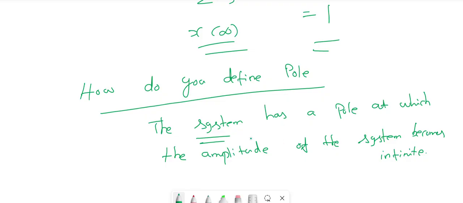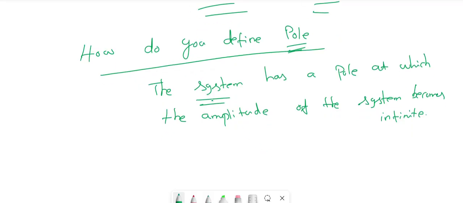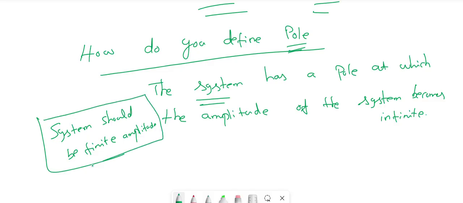The pole is nothing but the point of a given function at which the amplitude of the function becomes infinite. Normally, the system output should be a finite amplitude. What is the requirement? The system output should be a finite amplitude.